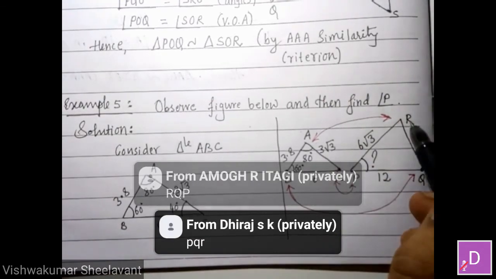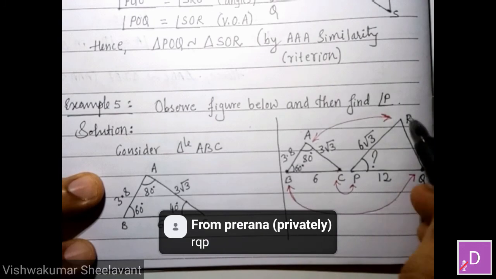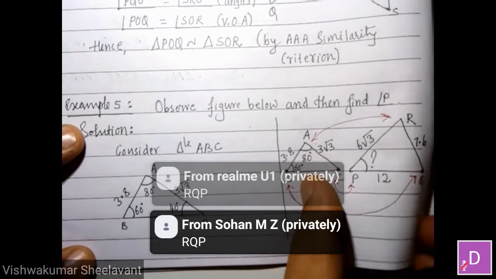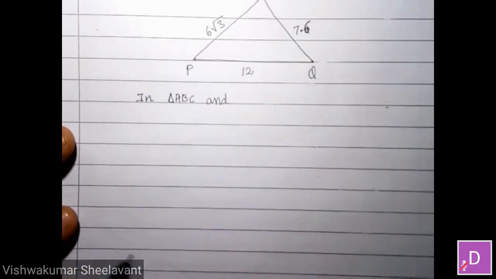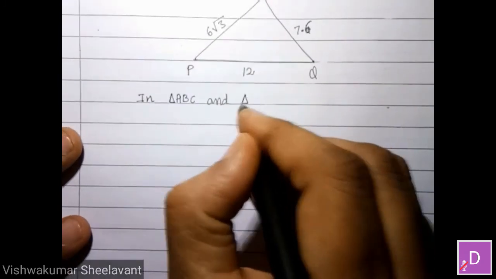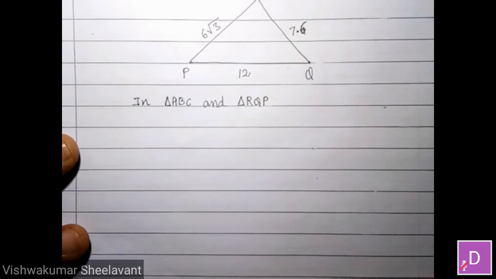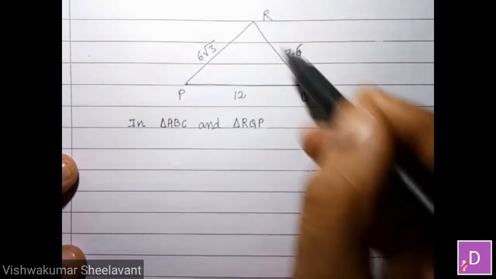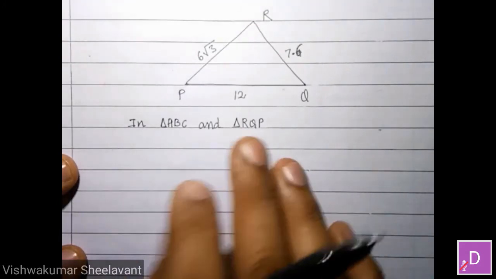A corresponds to R, B corresponds to Q, so RQP you have to write. RQP, very good. See, always we go with standard triangle names PQR, but don't do that here. These are similar triangles, correspondence is important.